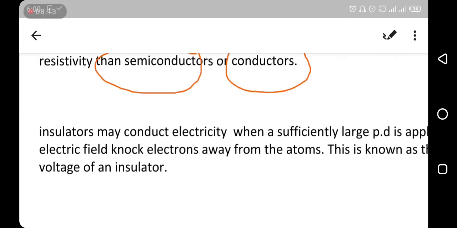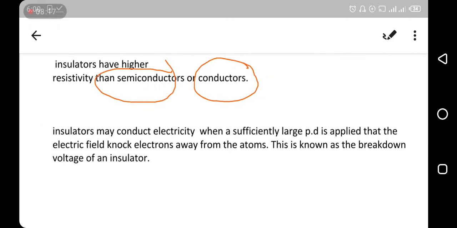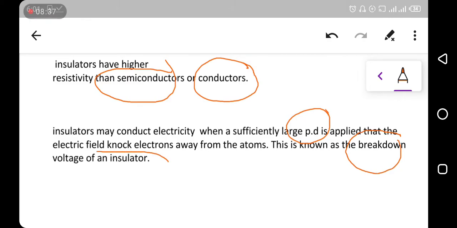An insulator may conduct electricity when a sufficiently large potential difference is applied. When a high potential difference is applied, the electric field knocks electrons away from the atoms. This is known as the breakdown voltage of the insulator.